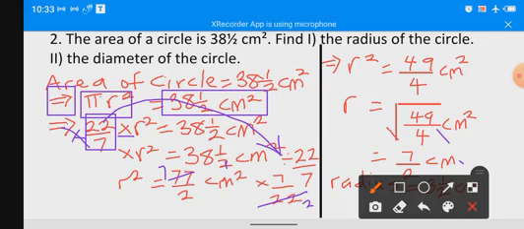Let me give you an example. If we are to convert 7 whole number 1/2 to improper fraction, it is 2 times 7 plus 1, over 2.